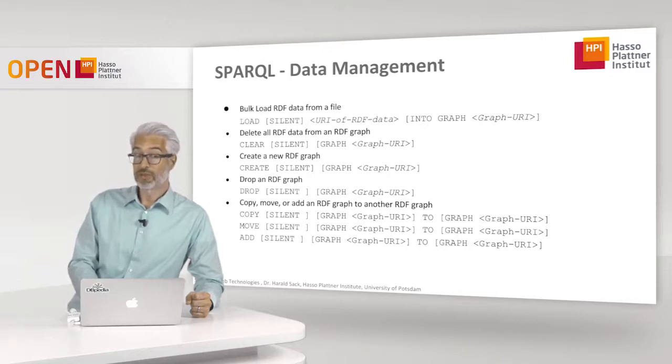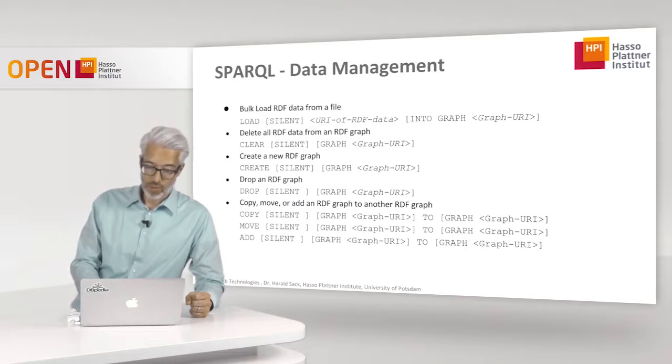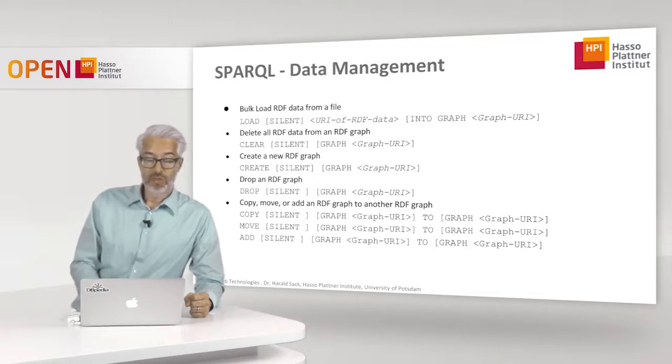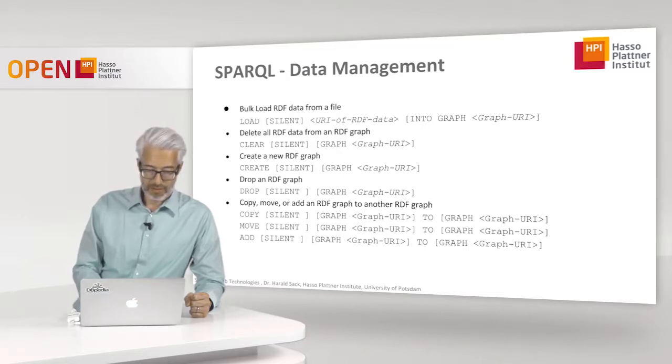So this means not only to delete the content, but also to drop the entire graph with the command drop, and then graph and the graph name. And moreover, you also have the possibility to copy graphs, to move graphs from one graph to another graph, and to add graphs to another graph. So this is also possible with the means of SPARQL.